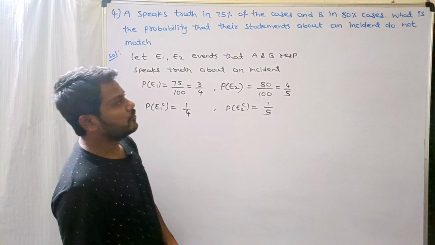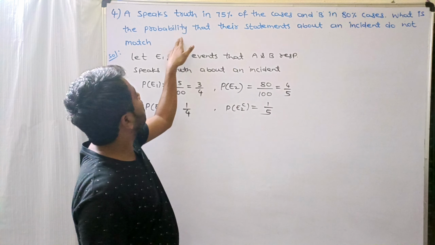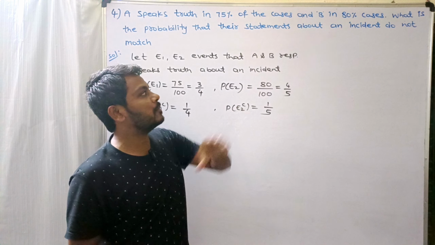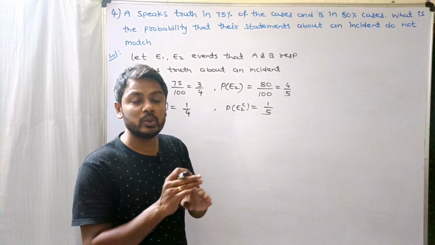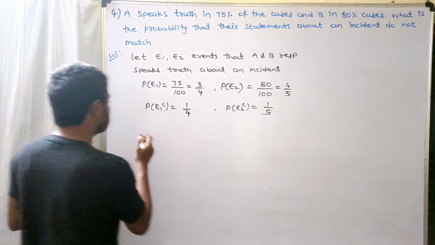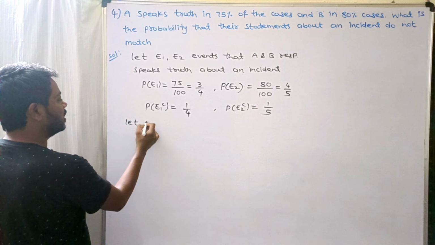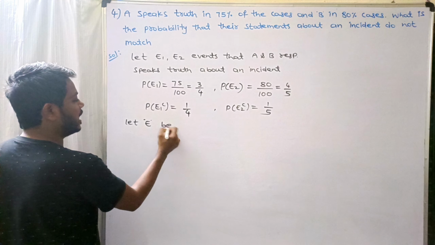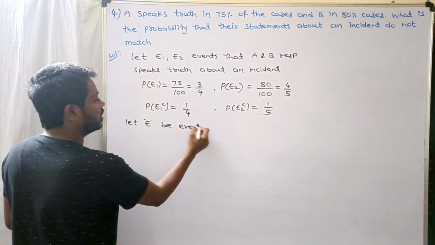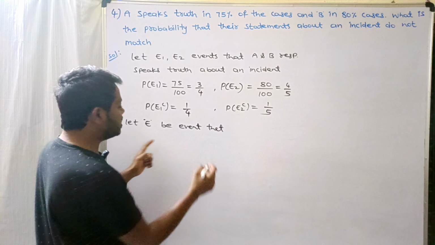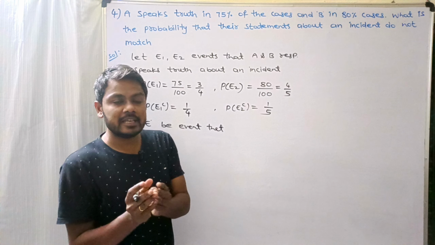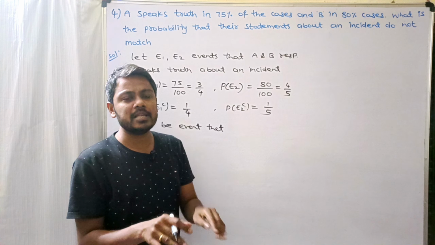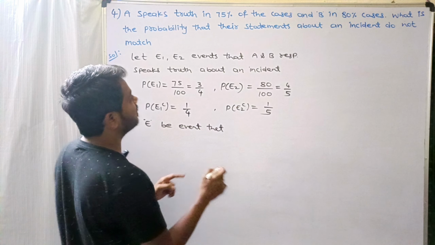Now, we have to find the probability that their statements about an incident do not match. So let us consider E to be the event that the given statements do not match about an incident.